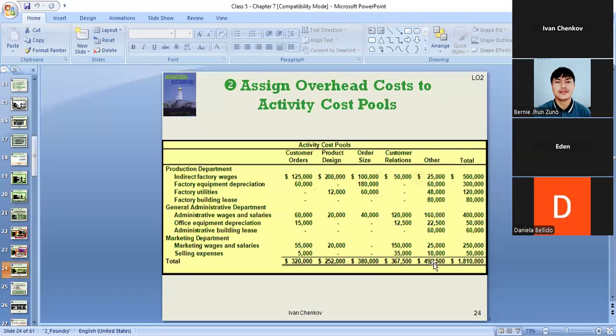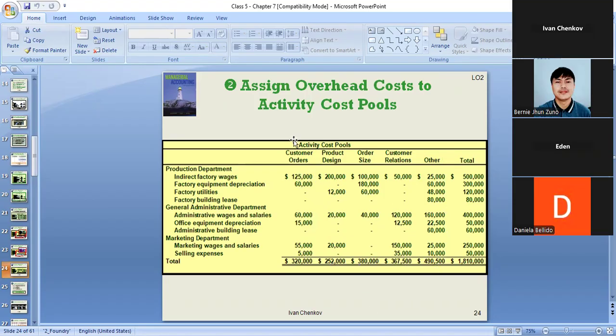Now I can find the cost for that activity. So the customer orders cost me $320. Product design cost me $252. Order size cost me $380,000. Customer relationship cost me $367,000. And for the other, I pay $490.